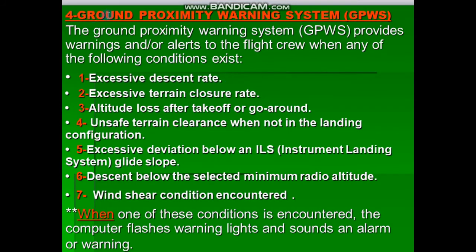The fourth one, the ground proximity warning system. The ground proximity warning system provides warnings and alerts to the flight crew when any of the following conditions exist. The first one, excessive descent rate. After that, excessive terrain closure rate, altitude loss after takeoff or go around, unsafe terrain clearance when not in the landing configuration, excessive deviation below an ILS instrument landing system glide slope.